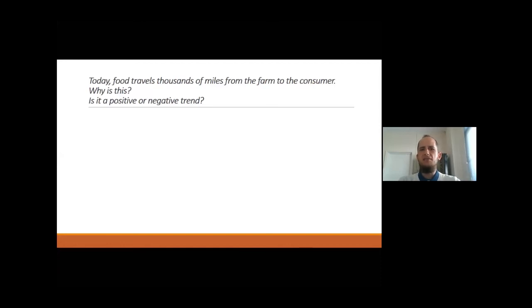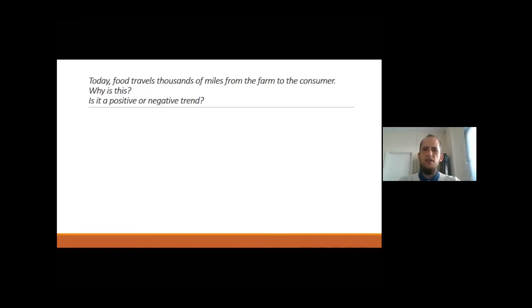This sentence is a fact. Now, what you're doing is you're responding to that fact. You don't need to restate the fact apart from your opening sentence. There's no need to restate it. All you're doing is writing about why this trend is happening, and you're saying whether it's positive or negative. So our key words here.